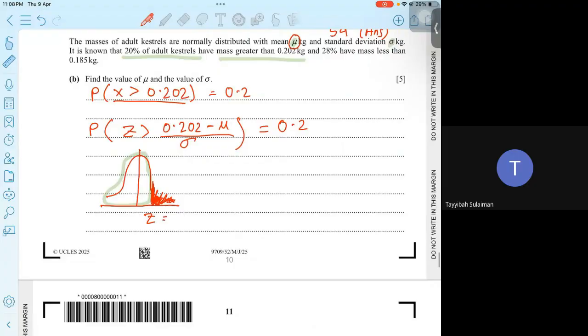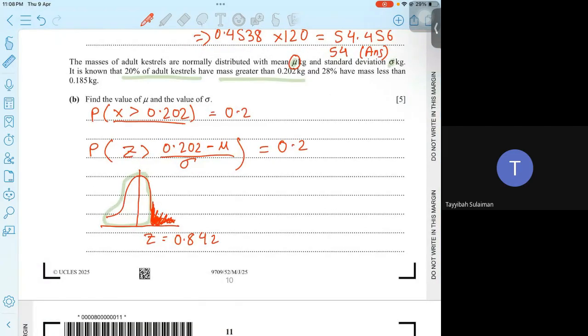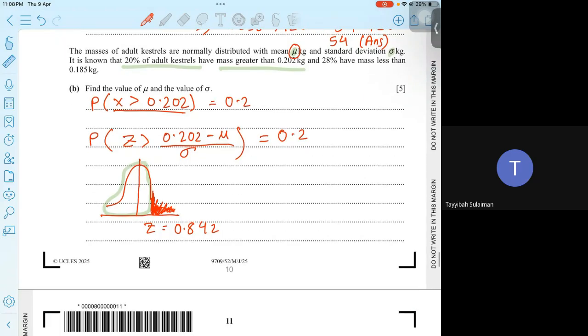So z is equal to 0.842, right? Any issues so far? So now our equation comes out to be (0.202 minus mu) over sigma is equal to 0.842, since that's the value of z here, right?